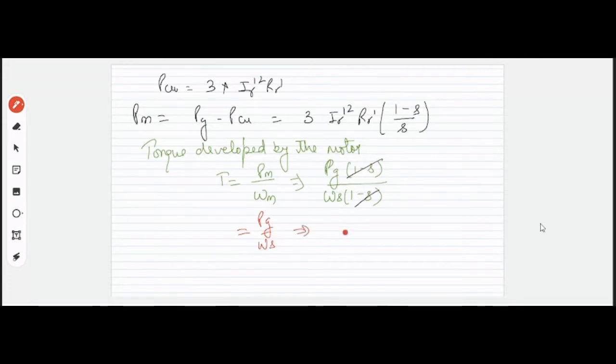Fine. We know this Pg. The expression of Pg is 3 times IR dash square into RR dash by S. So if we divide it by omega S, we'll have the expression for the torque, right?